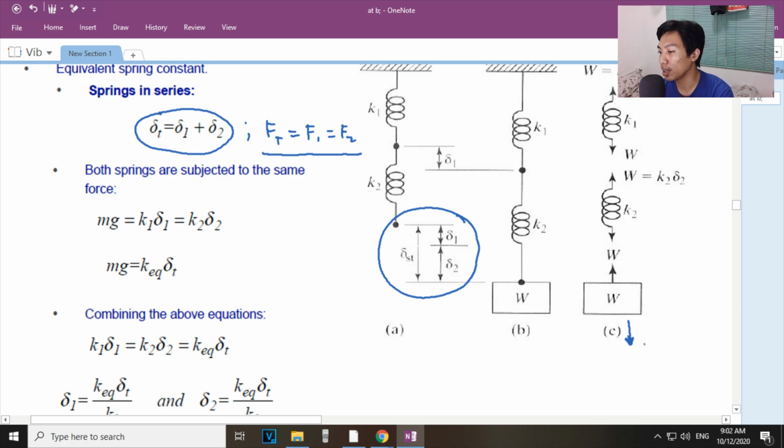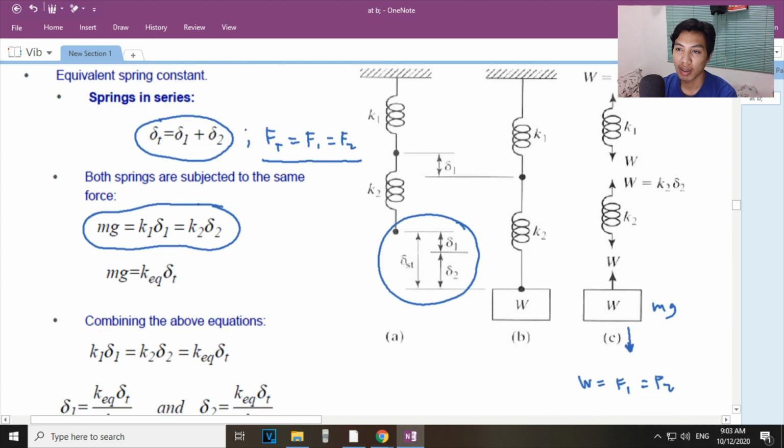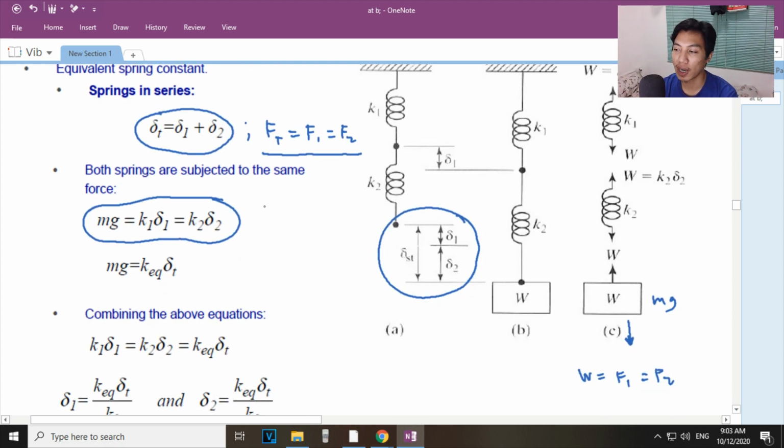Ngayon yung mass na yun is equal to mg. Okay. So, additive lahat yan. So, weight will be equal to F1 equal to F2. Ibig sabihin, ayan na yung kanyang representation. Okay? So, that is for the springs in series.